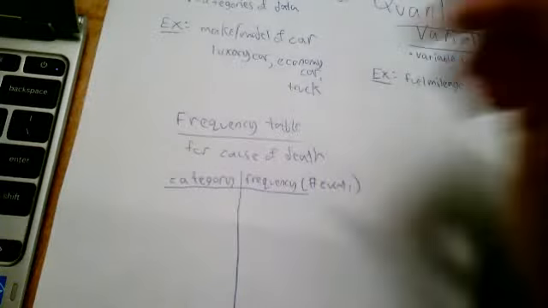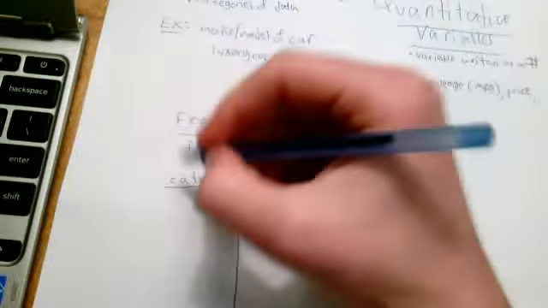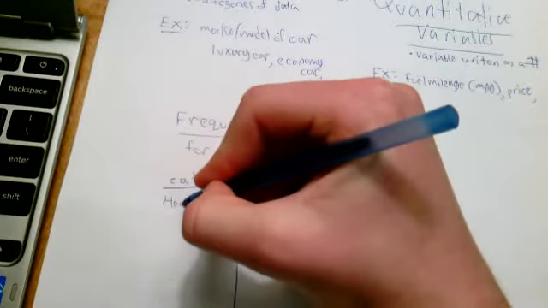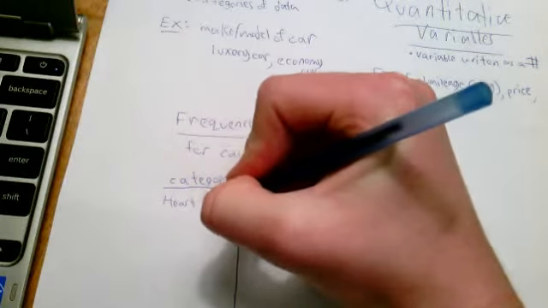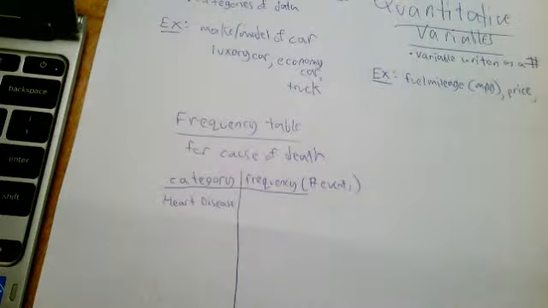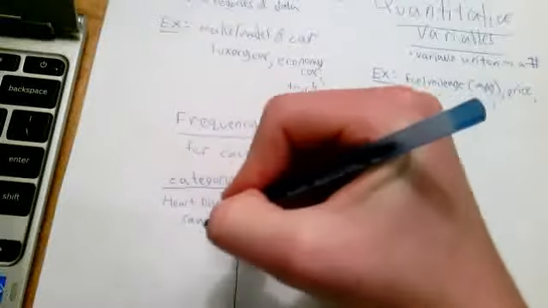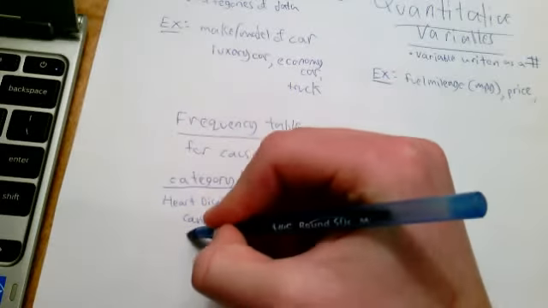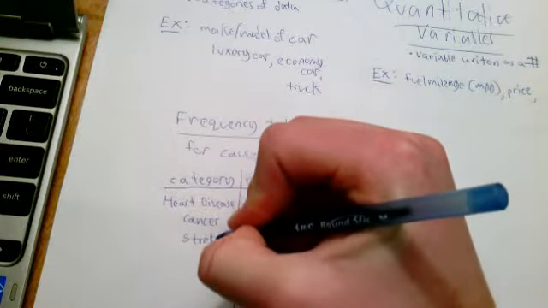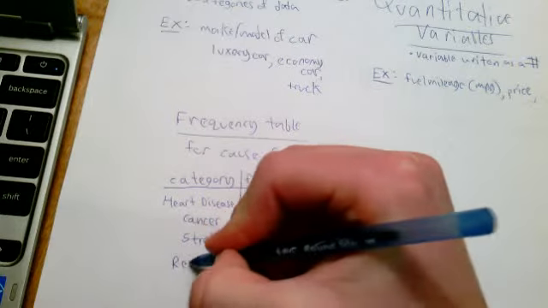So let's say one cause of death is heart disease. Another cause of death is cancer. Another is stroke. Then respiratory disease.